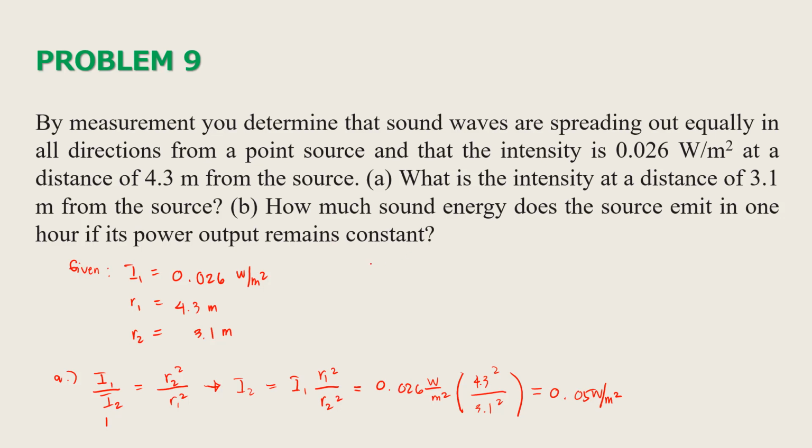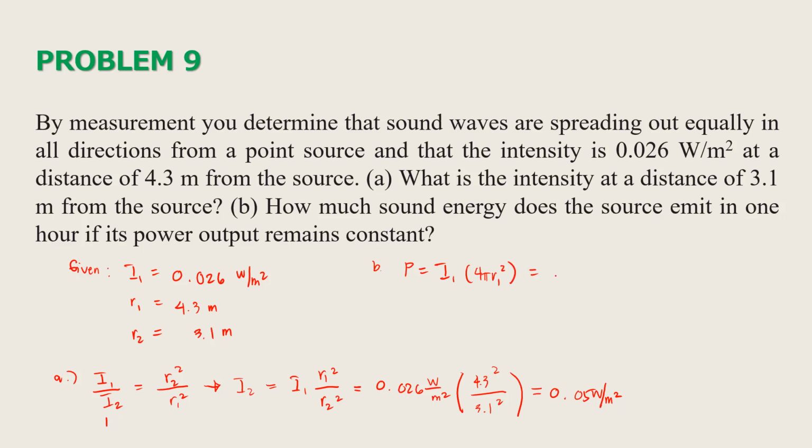And then for letter B, we are asked to find the energy emitted in 1 hour if its power remains constant. So from the definition of power, power equals I times the area. So we have I sub 1 multiplied by 4 pi R sub 1 squared.